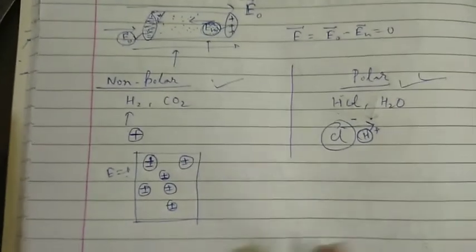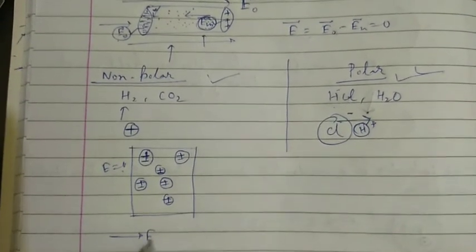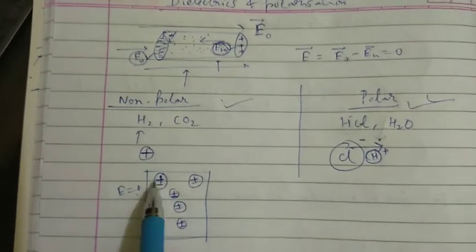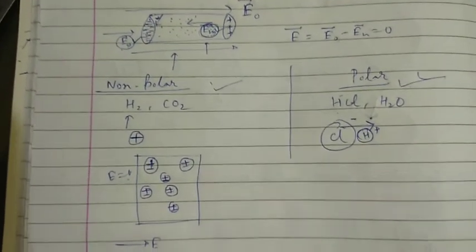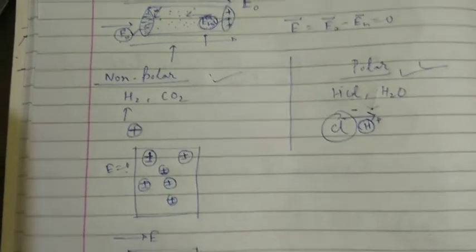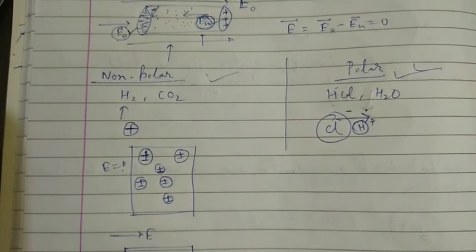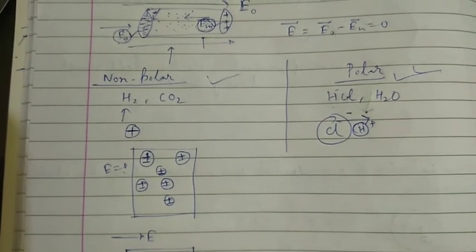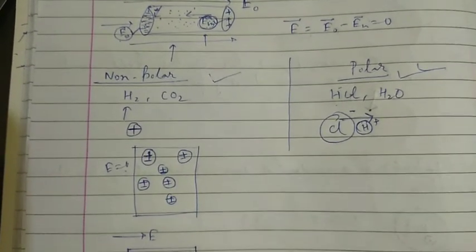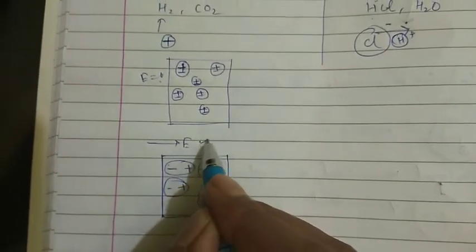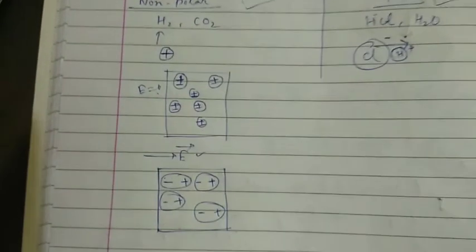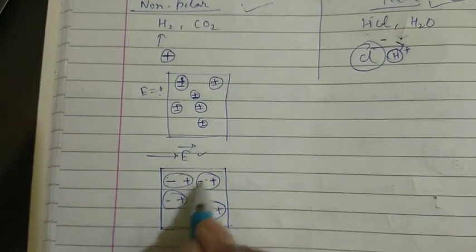Now once we put it in an external electric field, say in this direction E, the charges get separated by a very small distance. So they become like this. With the introduction of a net external electric field, we see some dipole moment developed.